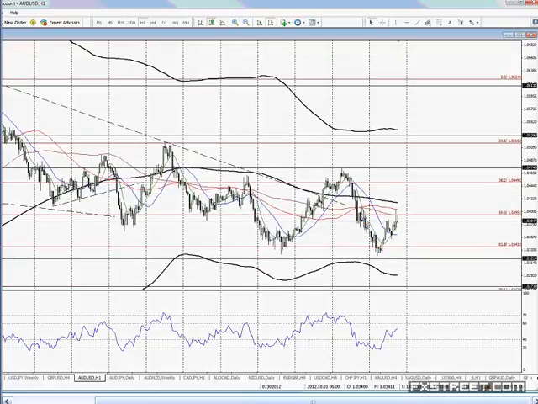For example, down here, maybe this could be another level to monitor for a buy. In these situations, the target would just be the 200 moving average, so the mean price action.